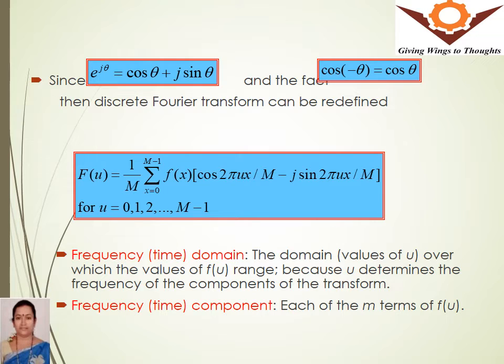Now the frequency domain is the domain of values of u over which f of u ranges, because u determines the frequency of the components of the transform. That is, in the frequency domain, each of the m terms of f of u we have to consider. That's the basic difference between the frequency domain and the frequency component. The domain is over which the values of f of u range, because u determines the frequency of the components of the transform.